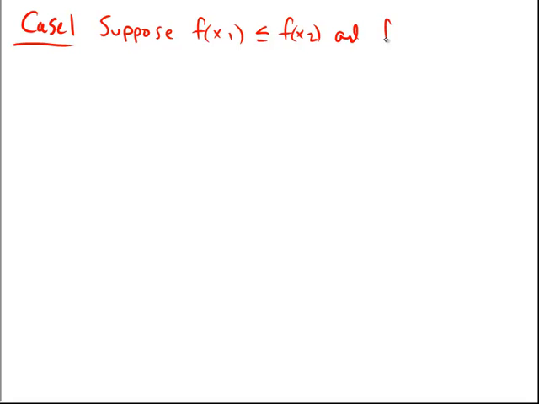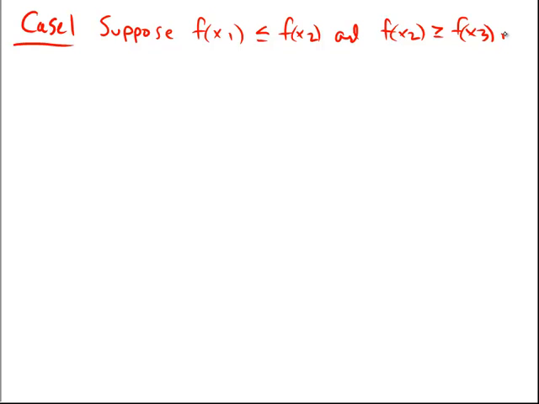So case 1. Remember, in case 1 we are supposing, suppose f of x1 is less than or equal to f of x2, and that f of x2 is bigger than or equal to f of x3.